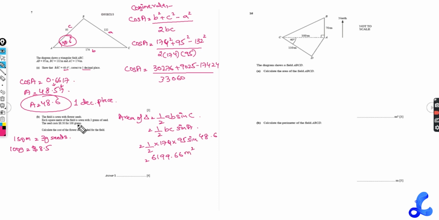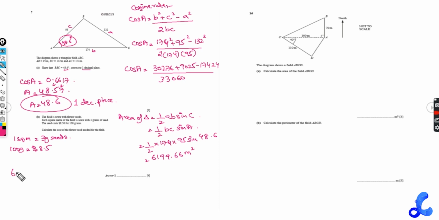It is given to you in meters. So why do I say it is in meters? It's in meters because 1 square meter they've given to me over here. So all of this is in meters, right? So 6199.66 meters square. 1 square meter takes away 3 grams of seeds.